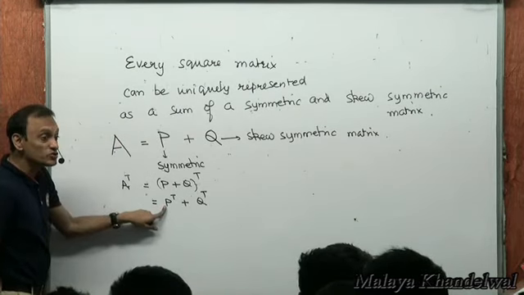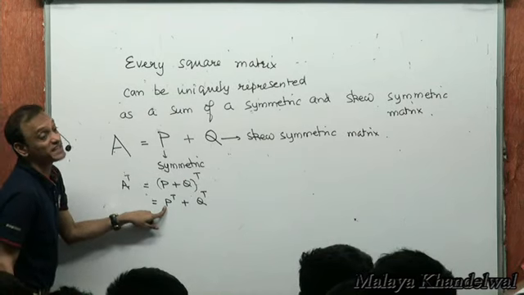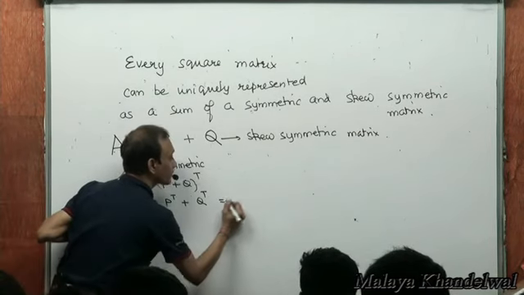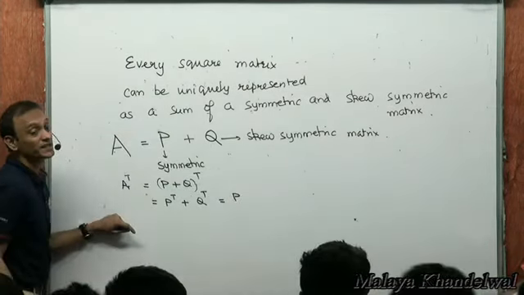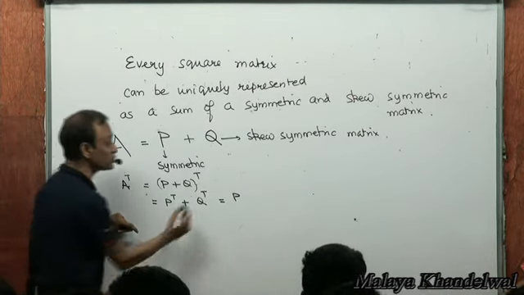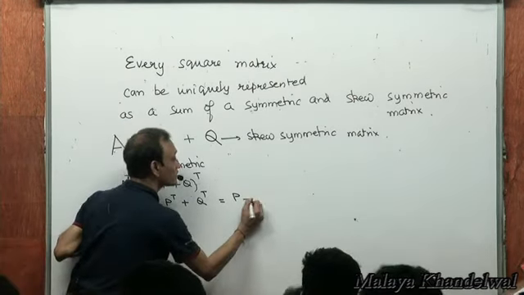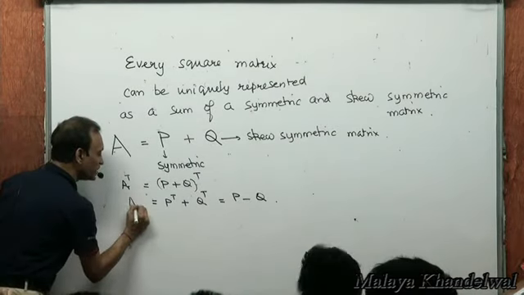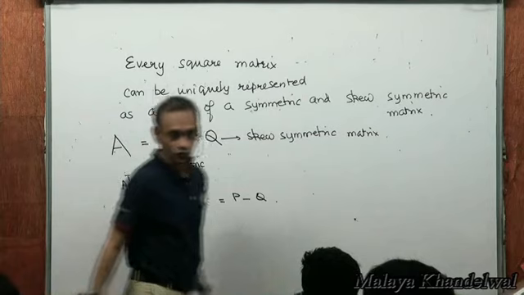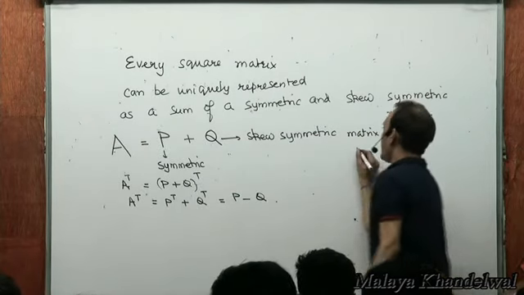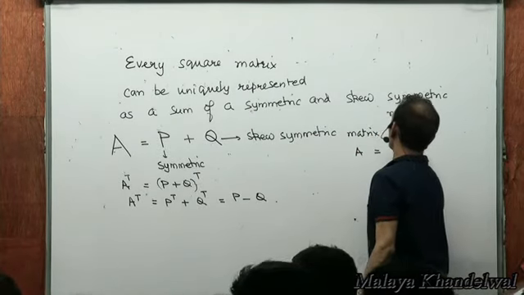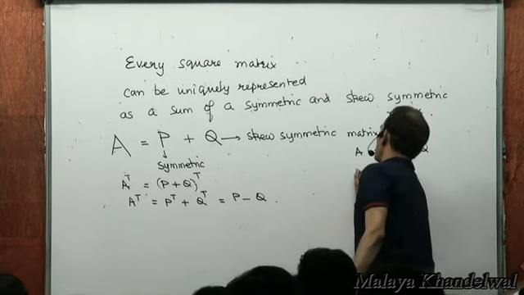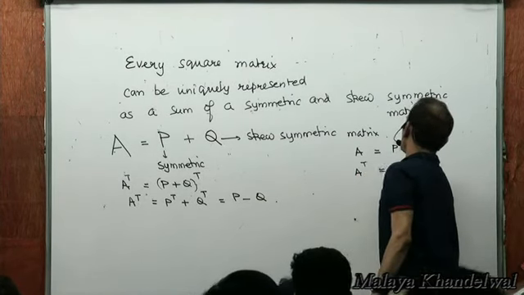But P is symmetric, so P transpose must be the same as P, and Q transpose must be the same as minus Q, because Q is skew symmetric. So A transpose becomes P minus Q, right? A is P plus Q and A transpose is P minus Q.